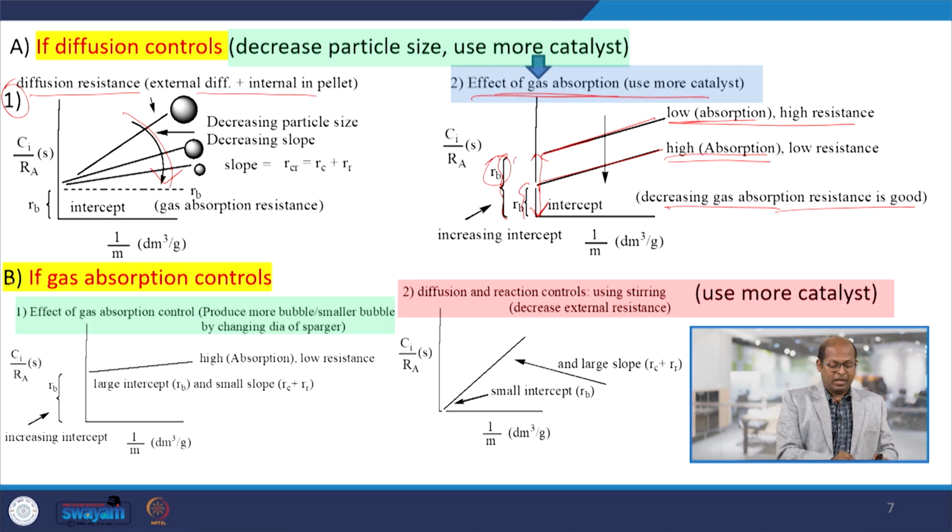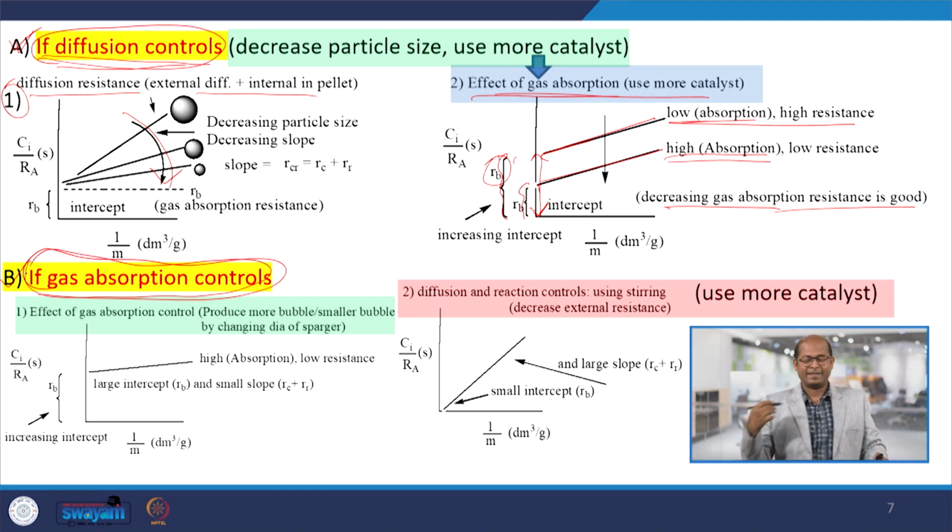Okay. And the next step: here we have discussed diffusion control. In this case diffusion was controlled, and now we will discuss the case where the gas absorption phase is the controlling step. If we plot Ci by Ra against 1 by Ma, an intercept would come, and then the lines will be like this.